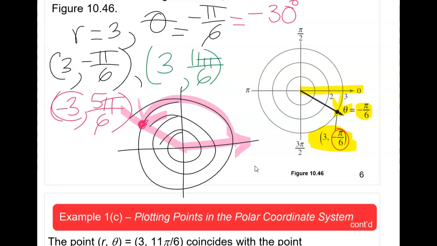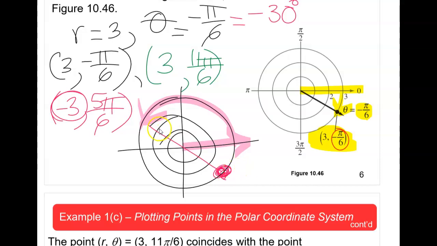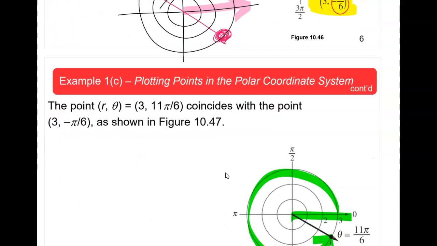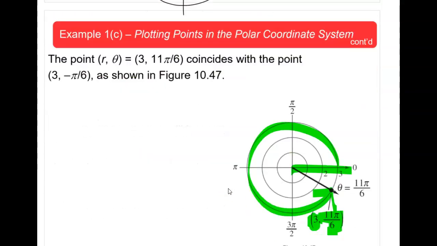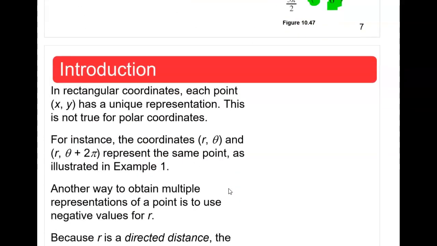But since the radius is negative, it reflects it across the origin or the pole, and the point will be here. So it kind of just takes it to the opposite side. So there you have 3 ways to represent the same point.